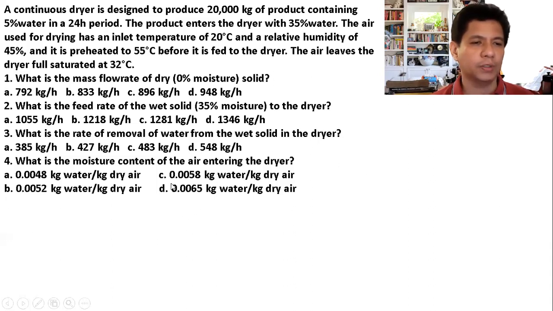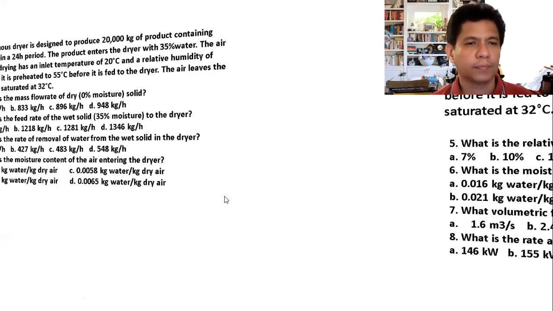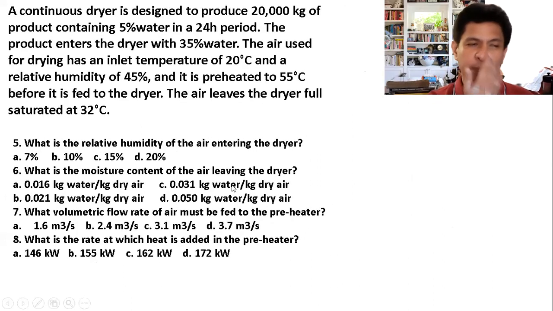So the final answer for number 4 is letter D. Okay, so let's continue answering this question. Okay. So number 5. Number 5, what is the relative humidity of the air entering the dryer?